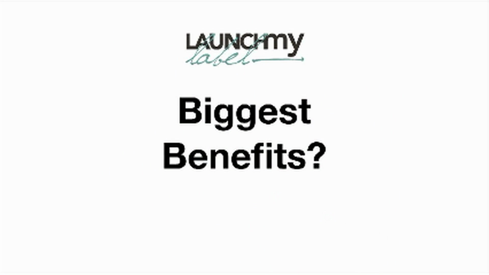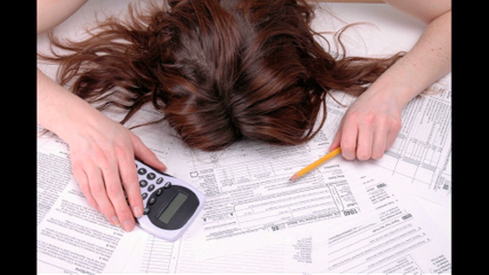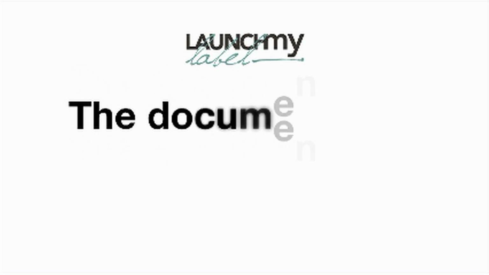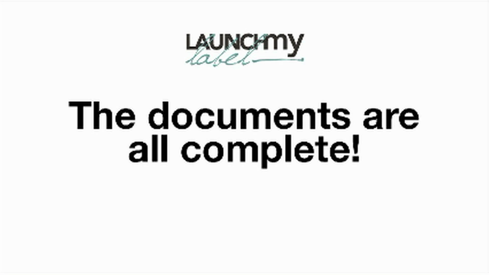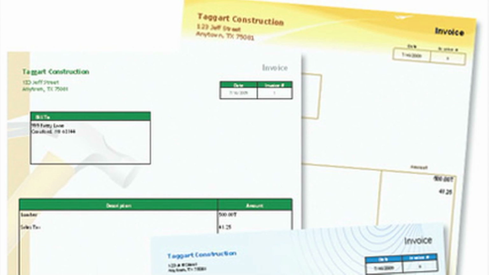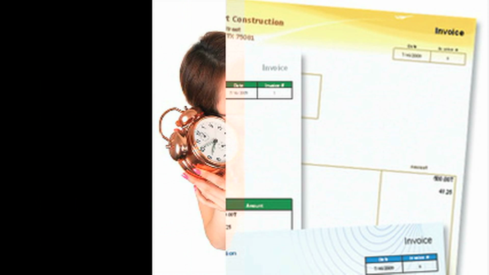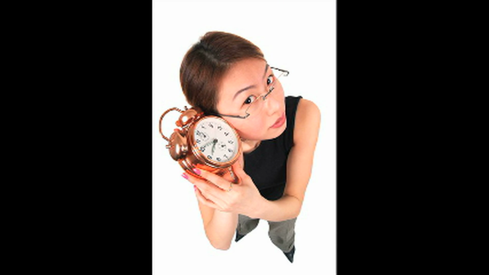Now, I've spent thousands of dollars just getting this section together. If you've ever used one, you'll know solicitors aren't cheap, but they are clever. So, one of the biggest benefits is you won't have all the expenses I had, but you'll get all the knowledge. The documents are all complete, and in most cases, it'll just be a matter of you adding your logo and company details, and you'll be able to use them in minutes.